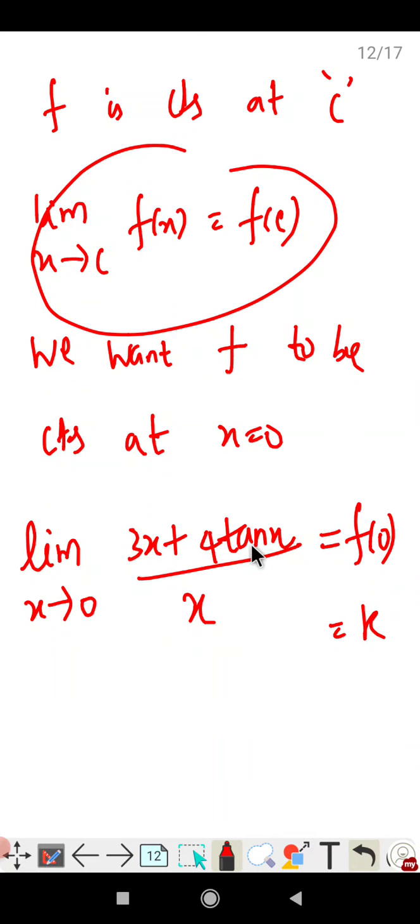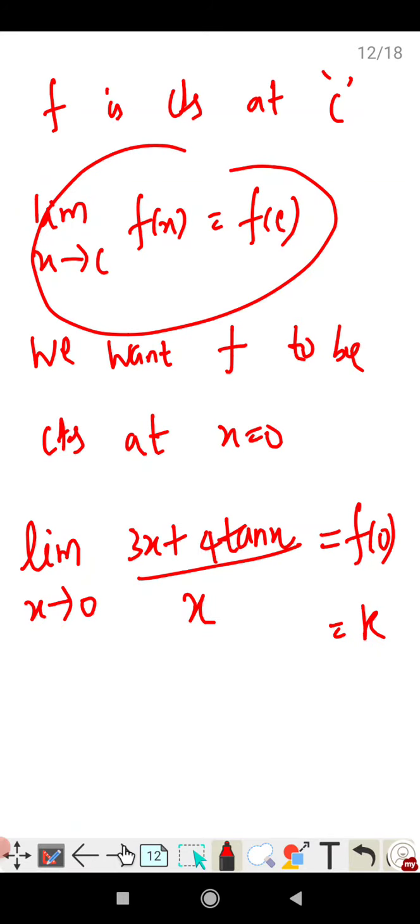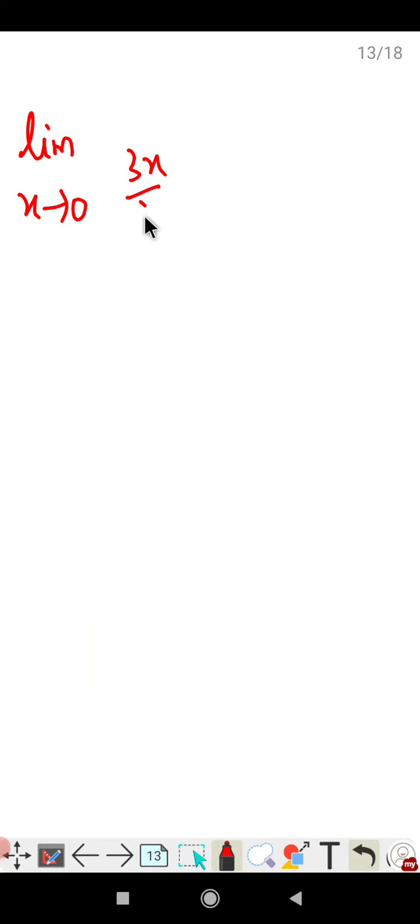If you keep on solving this expression, you will get the value of k. So what is this limit? If I substitute 0, 0 tan 0 is also 0, so you will get 0 by 0. It is an undetermined form, so we can evaluate this limit by some trick. Limit x tends to 0, I can split the numerator: 3x by x plus 4 times tan x by x, which is equal to k.